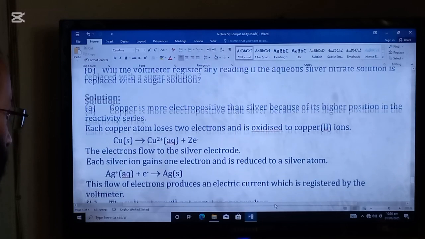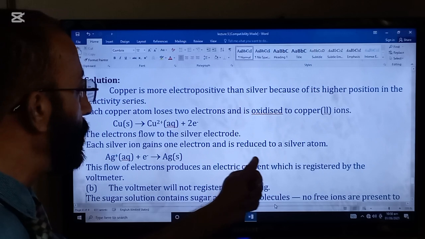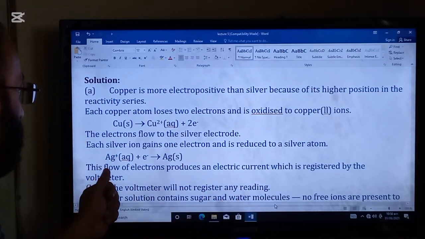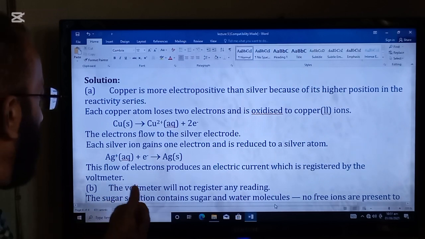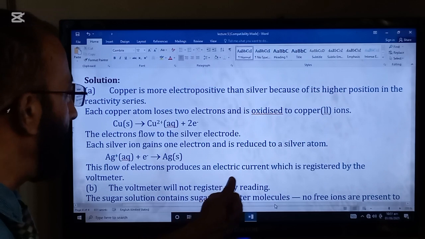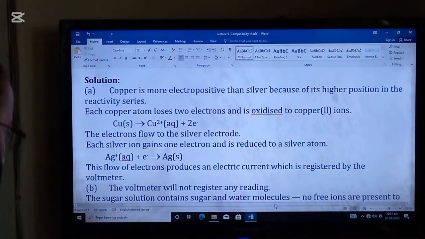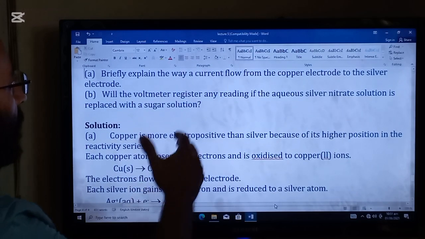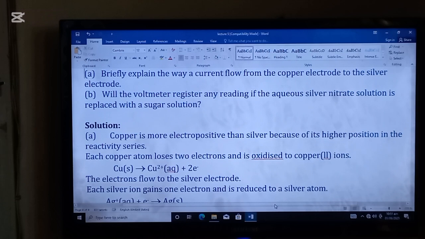Each silver ion gains one electron and is reduced to a silver atom. And the reaction is Ag+ plus electron forms Ag. This flow of the electrons produces an electric current which is registered by the voltmeter. So this is the way the current flows from the copper electrode to the silver electrode.